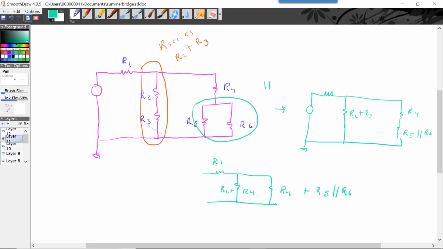And now I'm going to just describe the next part. I'm not going to do it. Then I can combine these in parallel, right, and get one final circuit. And then I can combine these two in series, and then I can get the total current. All right. So that's how you can see how series and parallel can be used to simplify things.